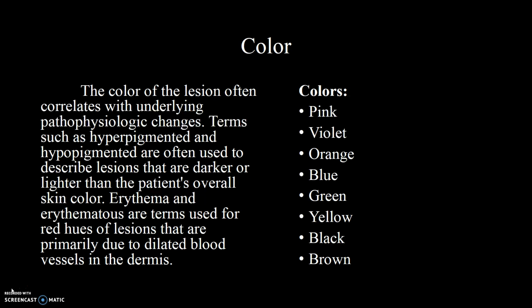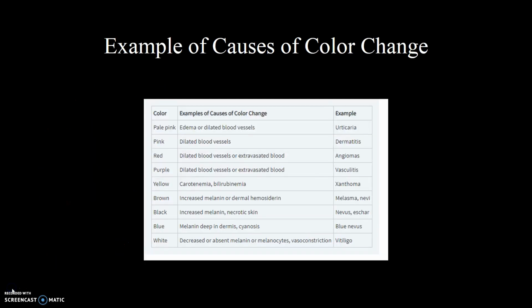But there's many other colors we use as descriptors, and that leads us to an accurate diagnosis. So just take a moment to look at the examples of color and the possible causes of color change, and the example of lesions or diagnoses that can be made.